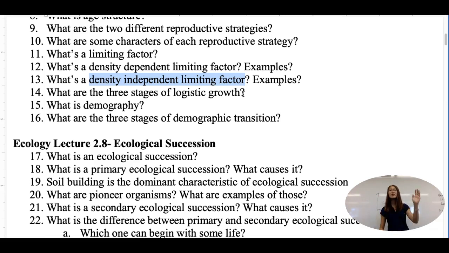The higher the population density, which means everybody's really crowded, the faster the disease is going to spread and kill off a lot of the individuals within the population. So if you think about it, these 2 factors, the density itself and the disease, are directly related to each other, right?